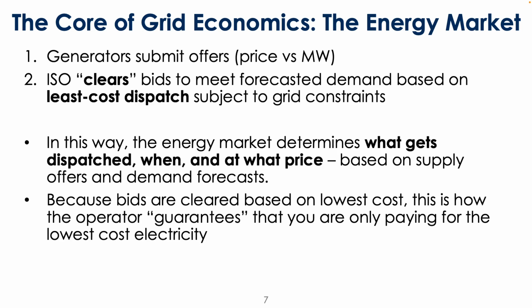Did you also have a question? It seems like this is guaranteeing that you're paying for the most expensive electricity? No, this is guaranteeing that you're paying for the cheapest electricity.